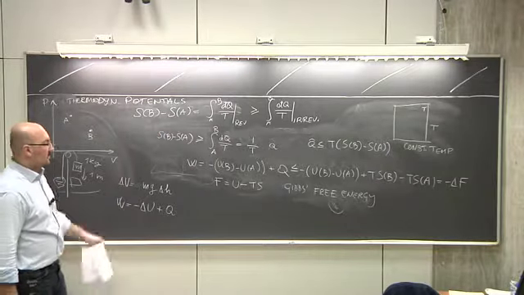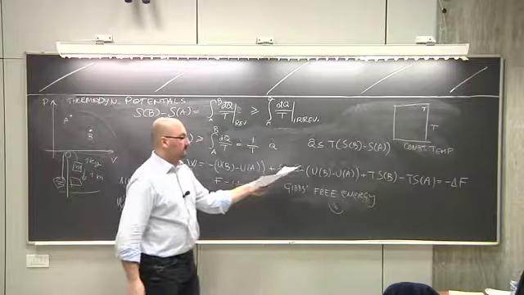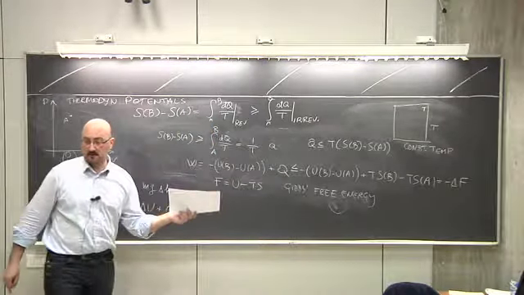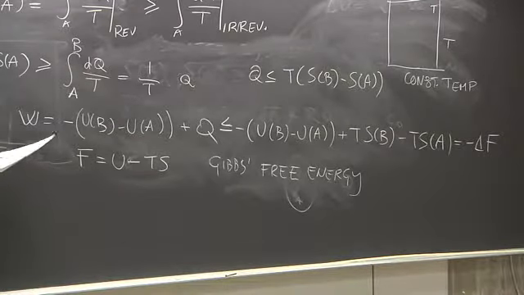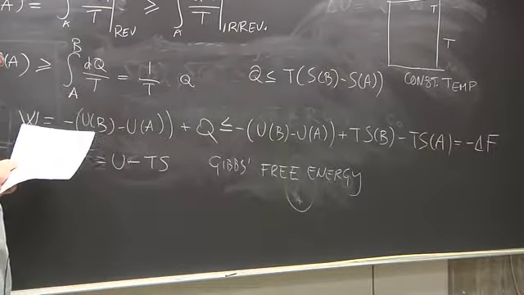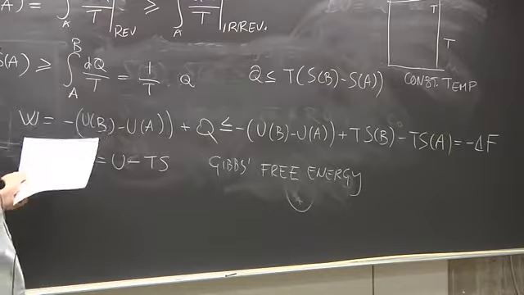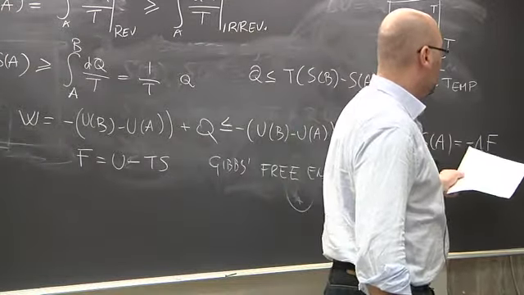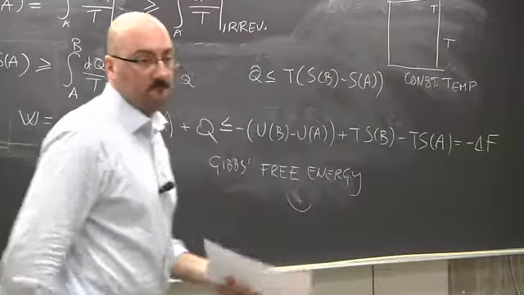Okay, so I have again an inequality, and the equality is satisfied if the process is reversible. And you see that the work done by our system is less than or equal to minus the change in the free energy.